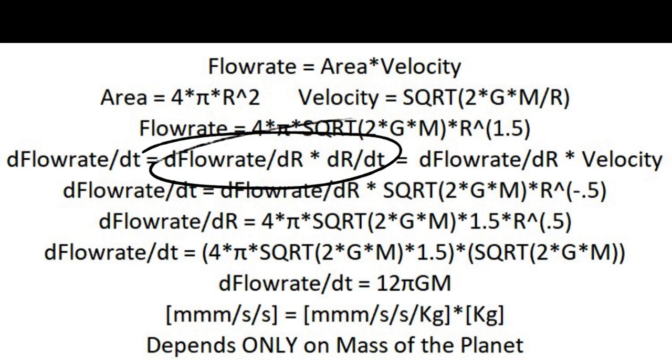With the chain rule, d(flow rate)/dr times dr/dt equals d(flow rate)/dt, where dr/dt is the velocity.